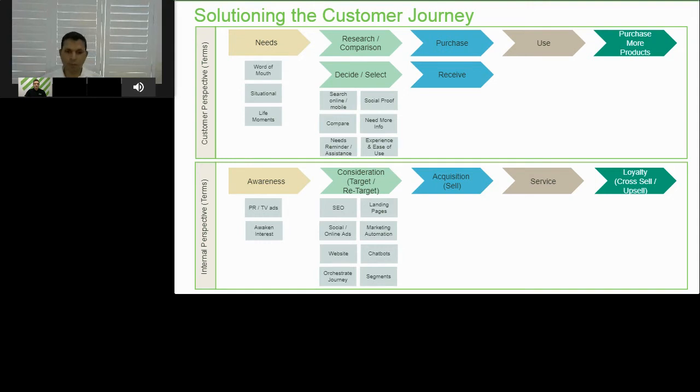That's when you apply technology thinking and customer needs and behavior. And it is a continuous thing. It never stops, because after one customer comes the second and third. From the organization's internal point of view, there are technologies such as search engine optimization, social ads, and the online website presence that bring the customer to your channels.